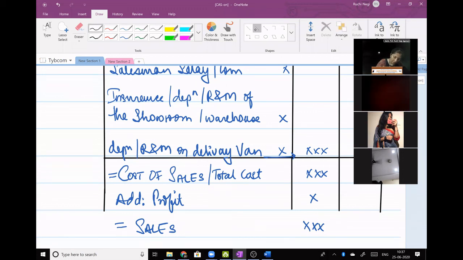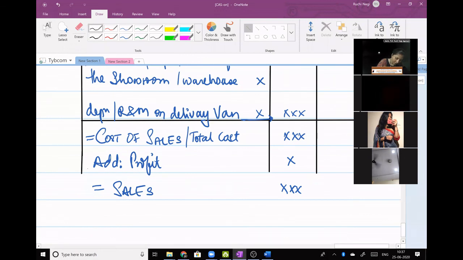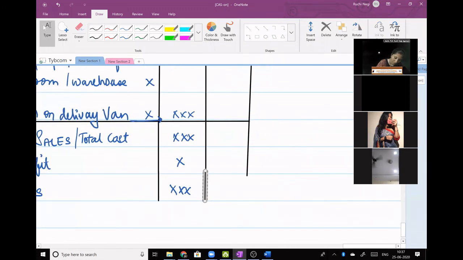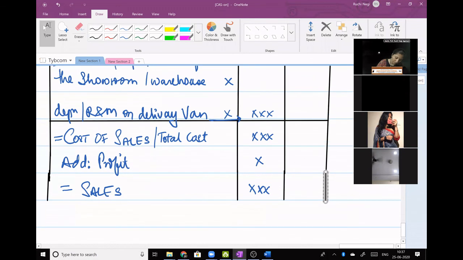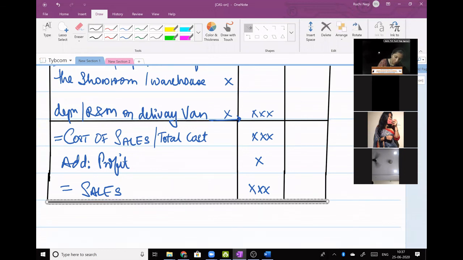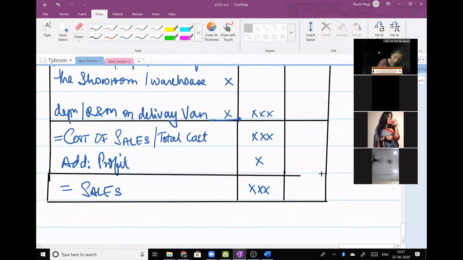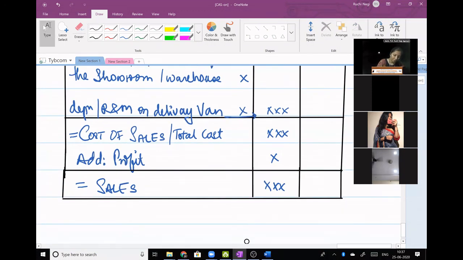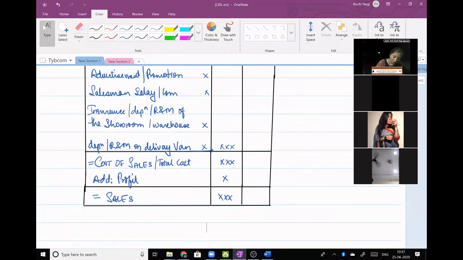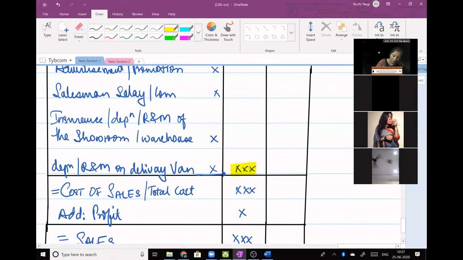After cost of goods sold, I will add selling and distribution overheads.